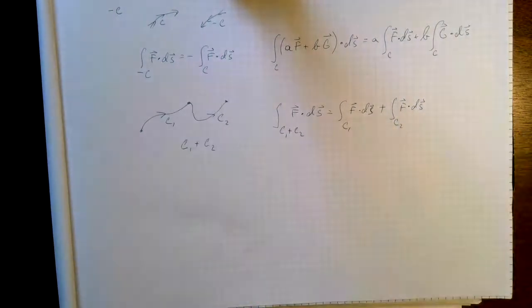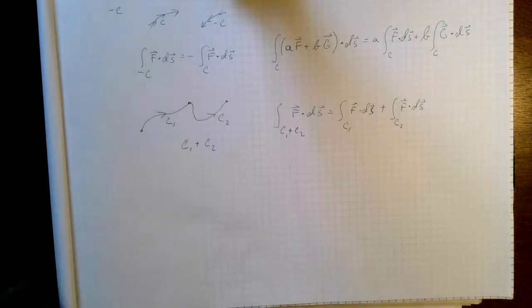And that's really the same thing as in one variable. Integrating, let's say, from 0 to 1 and from 1 to 2, and adding up those integrals, is the same thing as integrating from 0 to 2, right? That's basically the same idea over here.